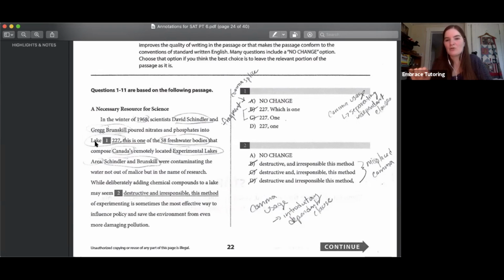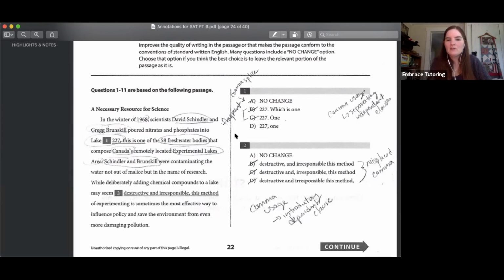This additional portion is providing clarification about what Lake 227 is. It's combining these ideas and providing clarification so that it can smoothly flow and transition from one idea to the next. Does that make sense?